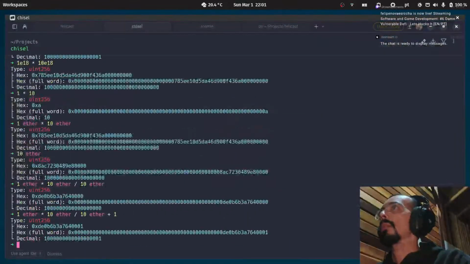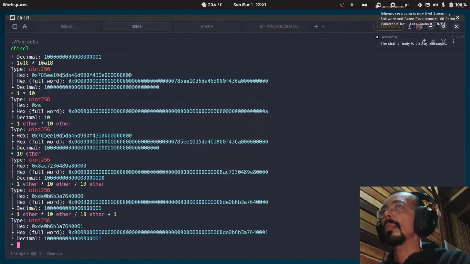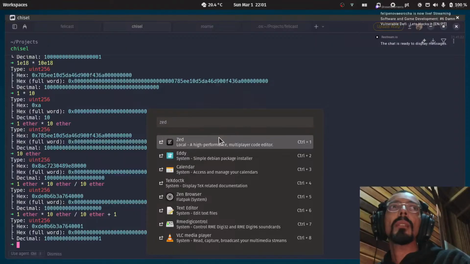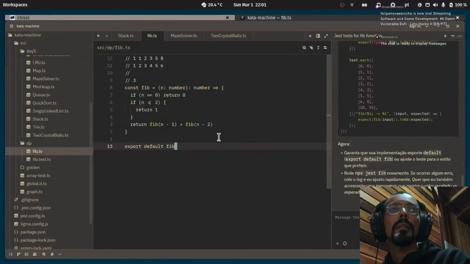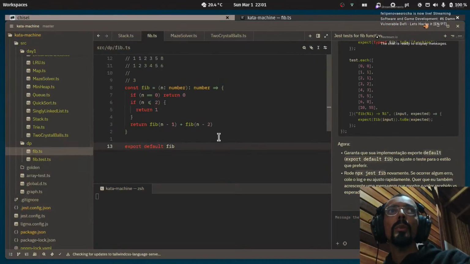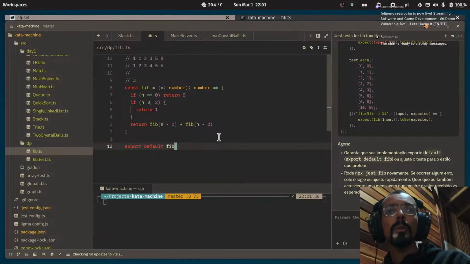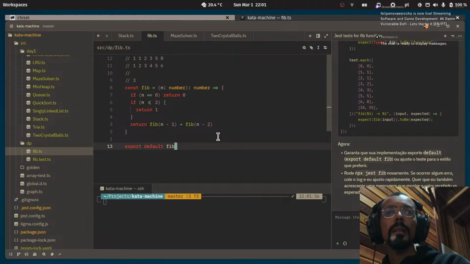So let's go here. That's my Z. I think that light in my face is making me crazy. Let me get it a little darker, more comfortable for my eye.